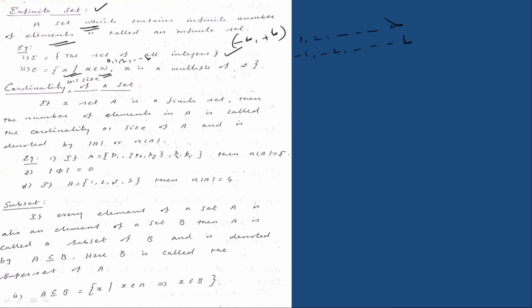Multiplying 2 by 0 gives 0, by 1 gives 2, and so on. Up to infinity, if you multiply all of them by 2, 2 twos are 4, 3 twos are 6. So you have numbers 2, 4, 6, 8, 10 and so on. So this is an infinite set.